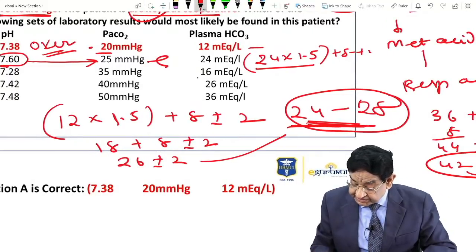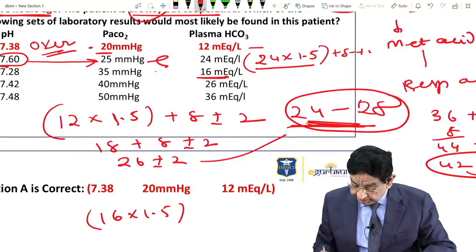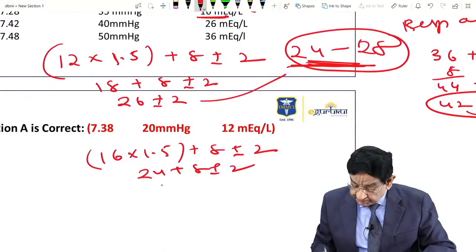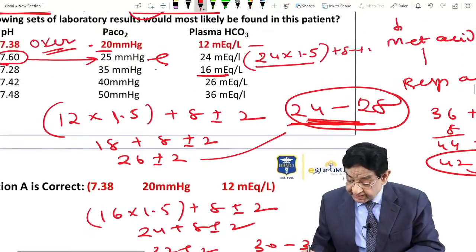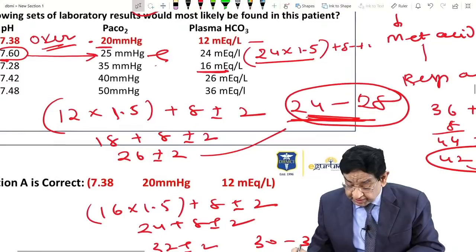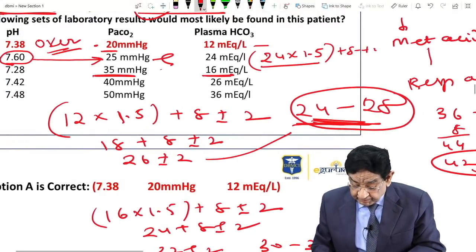If it is 16, calculate 16 multiplied by 1.5 plus 8, plus or minus 2. This comes out to be 24 plus 8, that is 32 plus or minus 2, 30 to 34. What we are getting is 34, so that is within 30 to 34, one more.